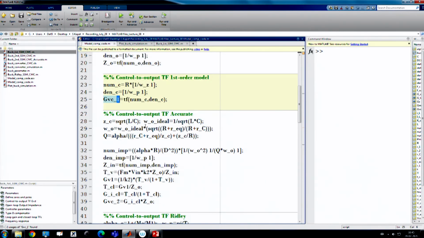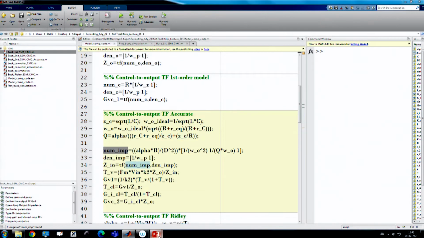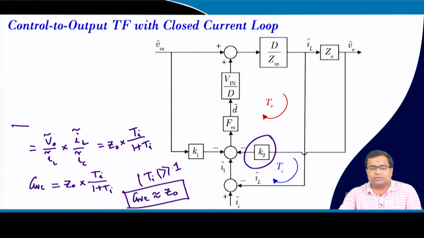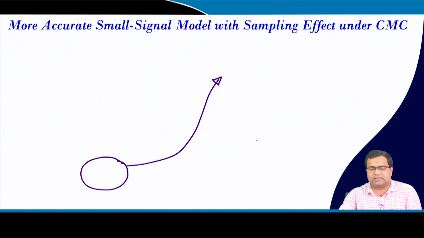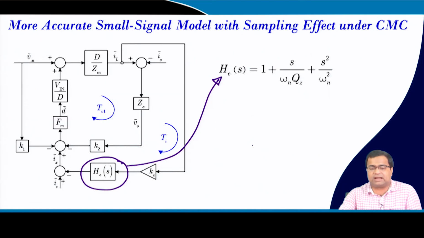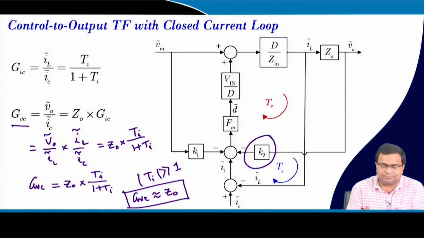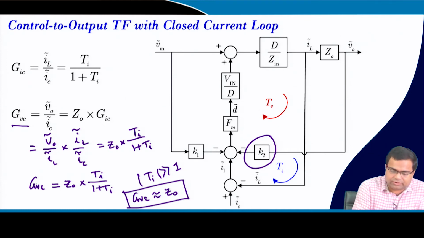Now for the accurate model, we obtain ZC, Q0, Q numerically, because the model we have discussed using the accurate model, with all this derivation, input impedance and all these things, has ultimately given us this control to output function here.